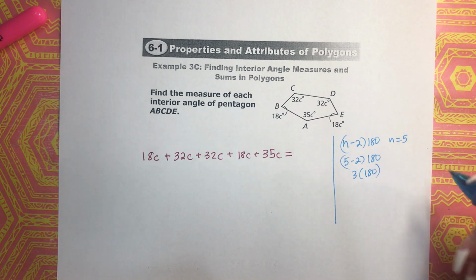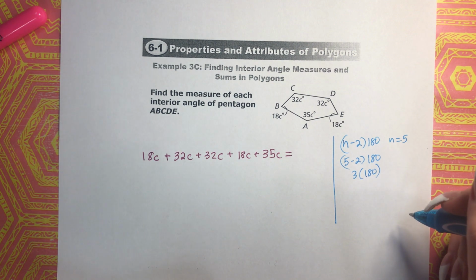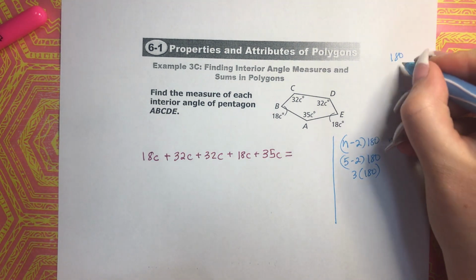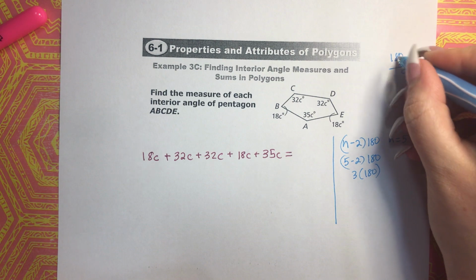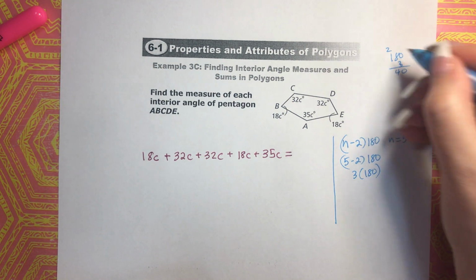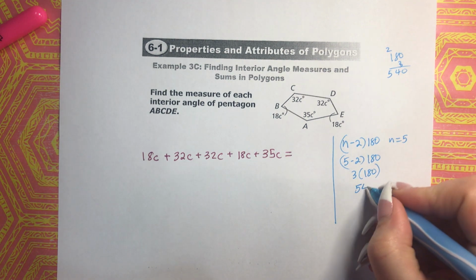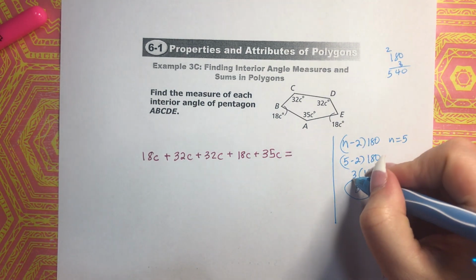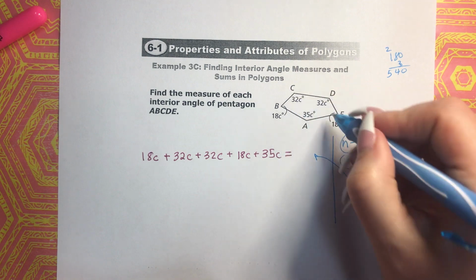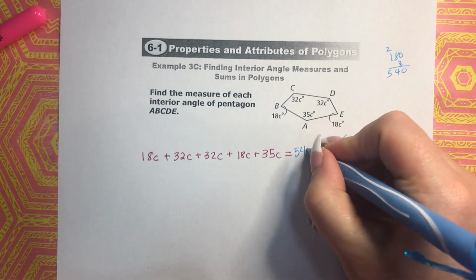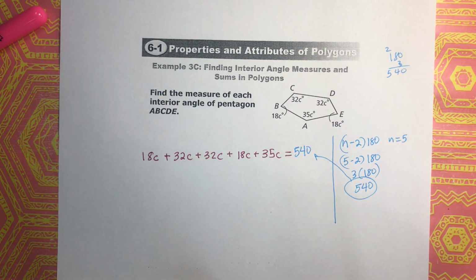And 180 times 3 is, I don't know. 3 times 0 is 0. 3 times 8 is 24. Write the 4, carry the 2. 3 times 1 is 3, plus 2 is 5. So it's 540. So that's what this equals. So all of these added together is 540 degrees.